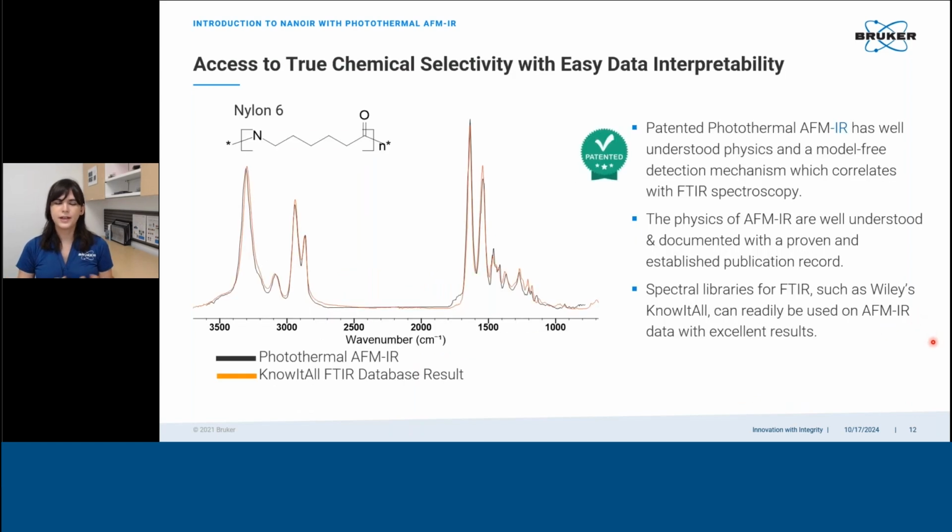And so this is an example on a nylon polymer taken with resonance-enhanced AFM-IR. And what we see is really, really beautiful agreement in terms of peak positions and band ratios between AFM-IR and FTIR. So in the case of a nylon polymer, one thing that we can see is the main chemical functionalities.